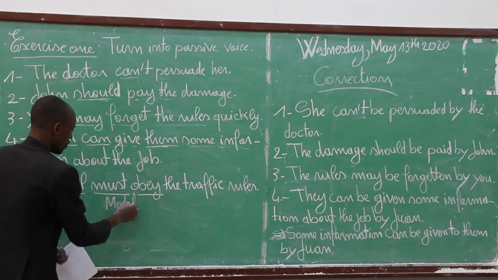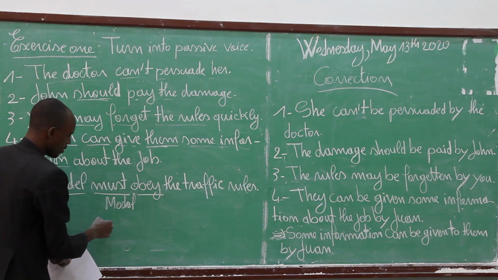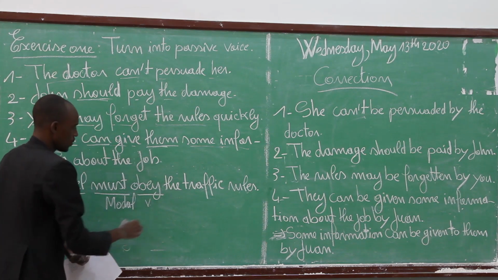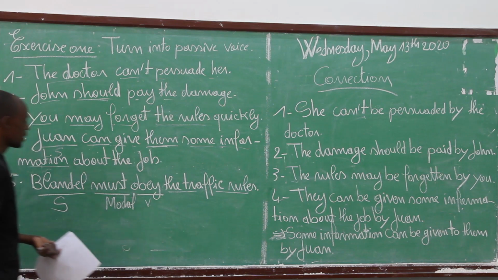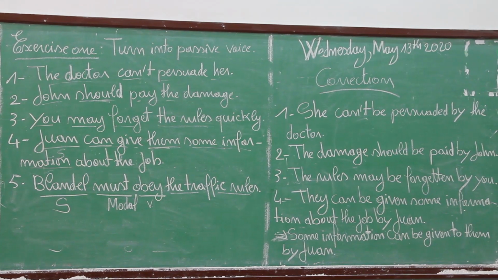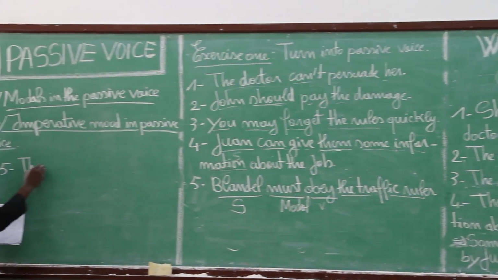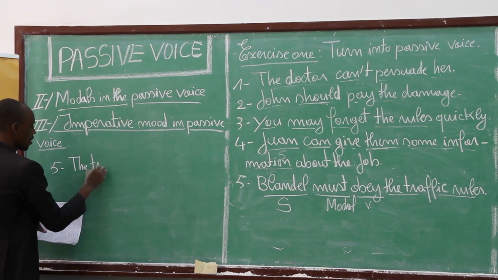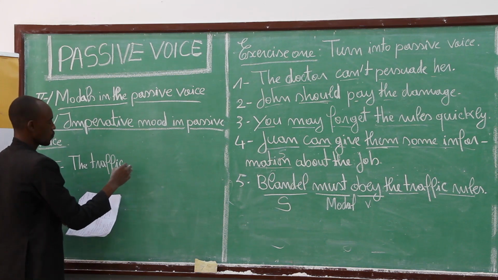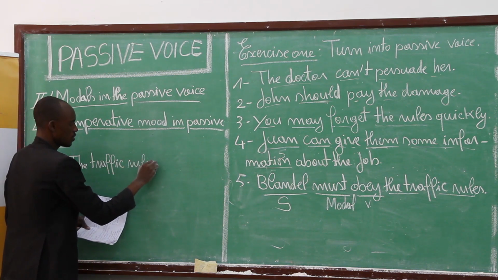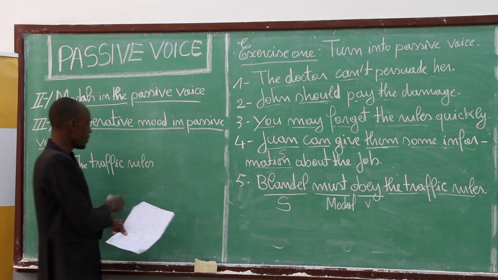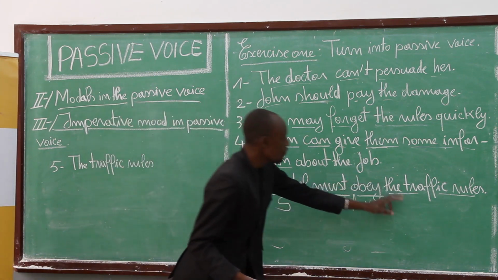Obey here is the main verb, and the traffic rules here is the object. In passive voice, the object becomes the subject: the traffic rules.